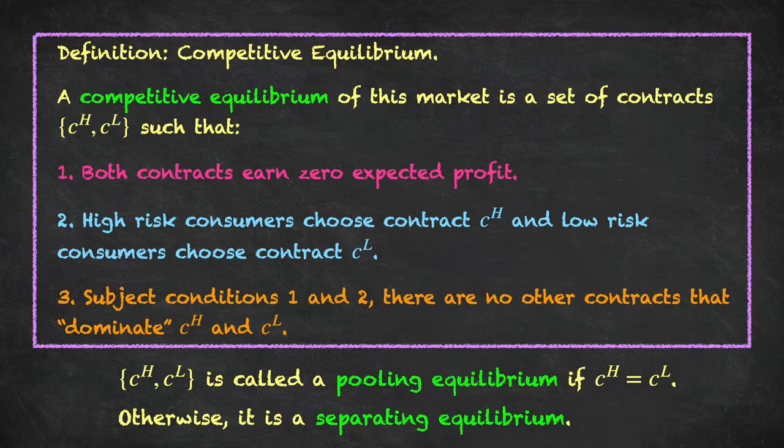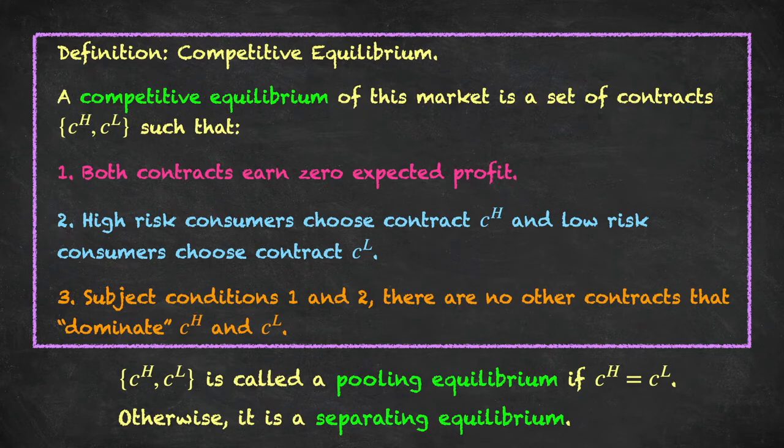The third condition for a competitive equilibrium set of contracts is that, subject to the above conditions, both contracts earn zero expected profit and high-risk consumers choose contract CH and low-risk consumers choose contract CL, there should be no other contracts that dominate these contracts CH and CL. What do I mean by this?